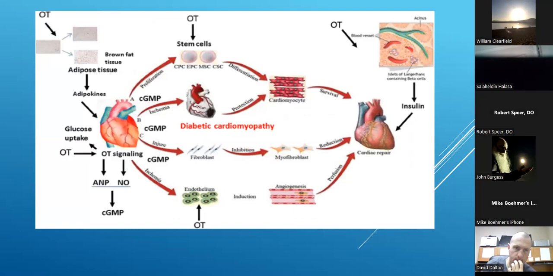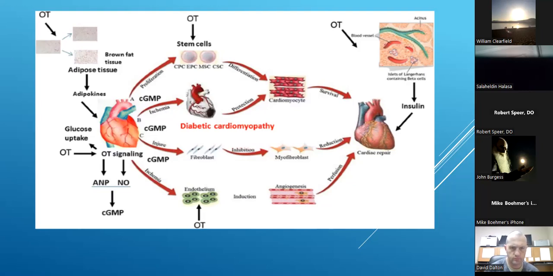Again, this just shows you how the oxytocin helps to stimulate or regenerate the heart by stimulating the stem cells. It also shows how it decreases the nitric oxide and the natriuretic peptide, and how it's increasing the cyclic GMP.